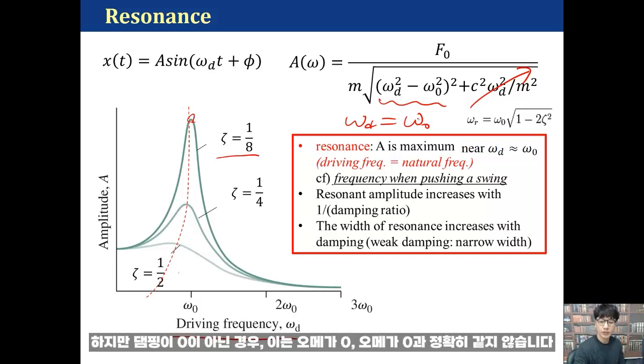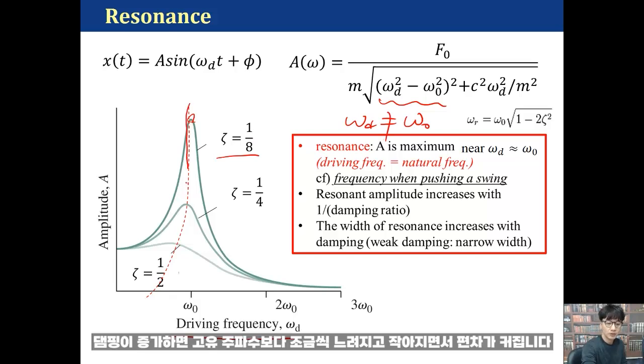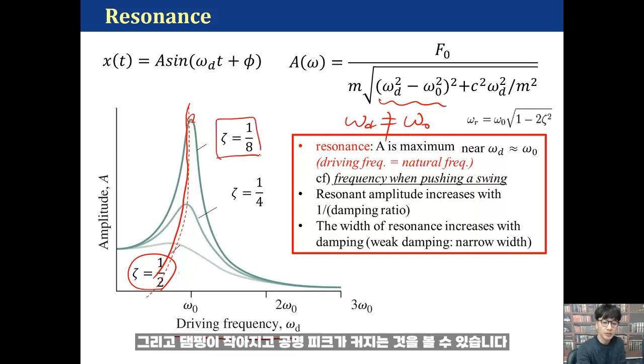But when the damping is non-zero, this is not exactly equal to omega naught. It deviates as damping increases. It gets a little bit smaller than the natural frequency. And you can see as damping gets smaller, the resonance peak increases.